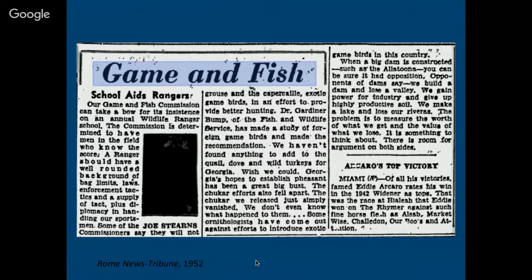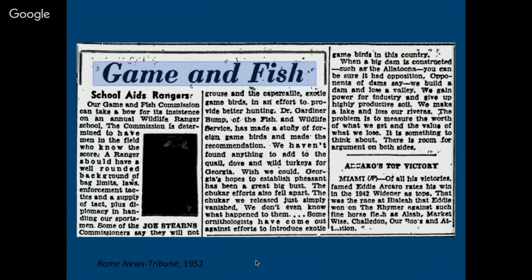And again, Dr. Bump is being congratulated, but the commentary is, we haven't found anything to add to the quail, dove, and wild turkeys, which are the native game birds in Georgia. Wish we could. Georgia's hopes to establish pheasant has been a great big bust.